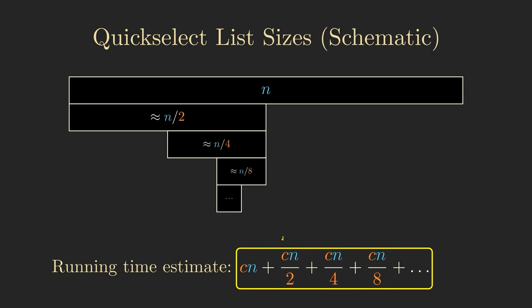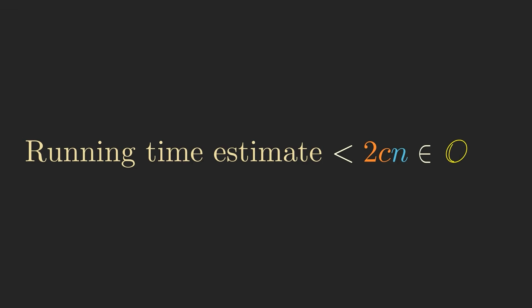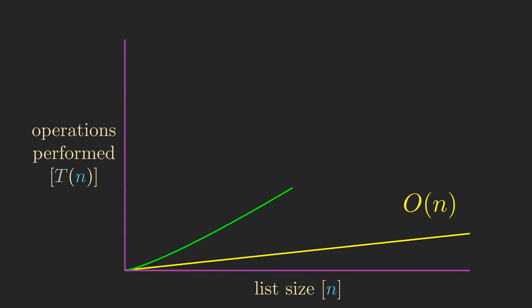This sum is known as a geometric series, and it can be proven that it's less than 2cn. And the thing we really care about here is that the number of operations performed is at most proportional to n, which we call O of n. This is better than the O of n log n running time for Quicksort.